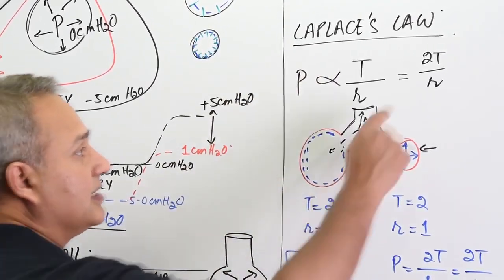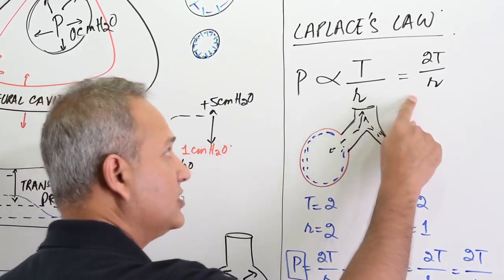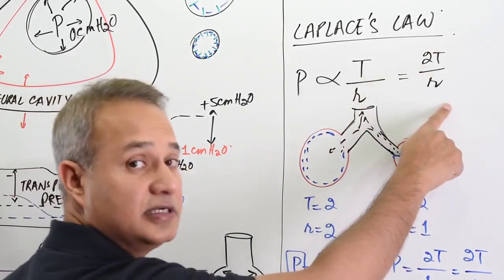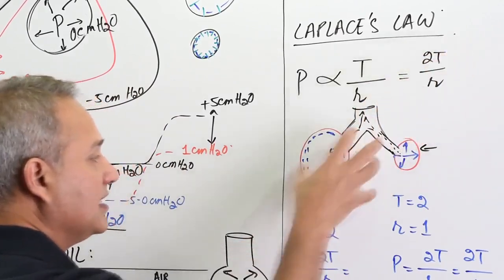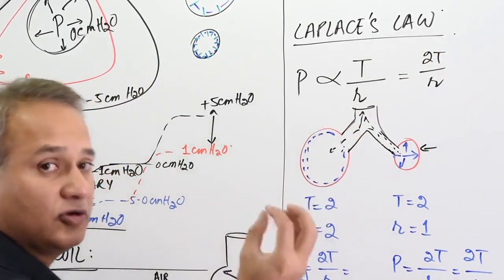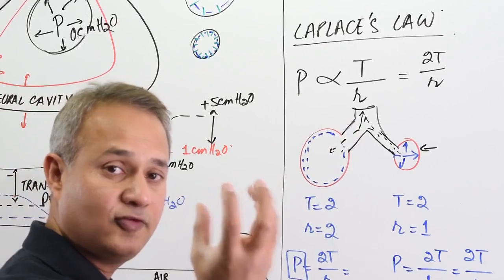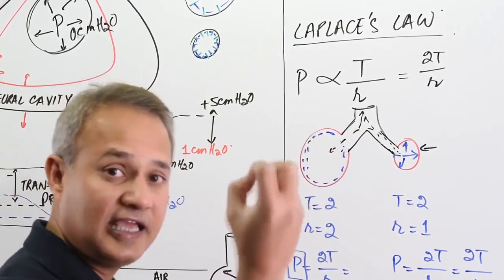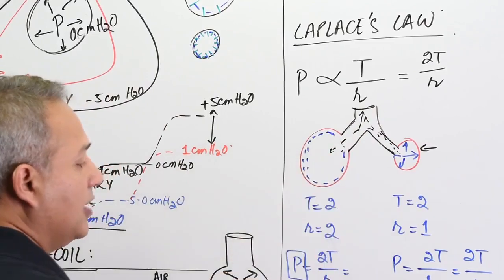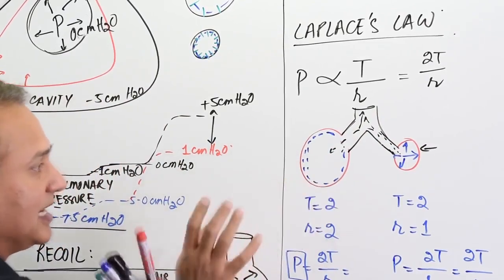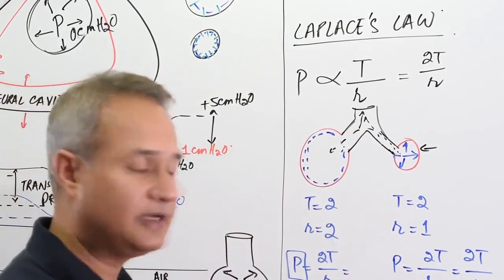So in pulmonology we say that the pressure is 2T over R. What that means is, the T is the surface tension exerted by the collagen, elastin, plus the fluid-air interface, and it is an inward force, and R is the radius. Pressure that would be generated is an outward force that would neutralize the T.